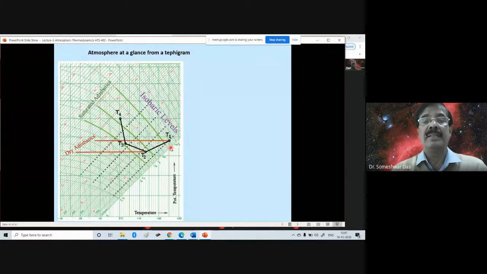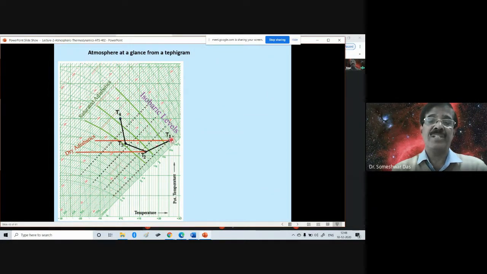So this diagram indicates that in the lowest layer of the atmosphere, between these two isobaric levels, the rate of change of temperature with height is very, very steep. See how rapidly the temperature is decreasing in this layer, isn't it?